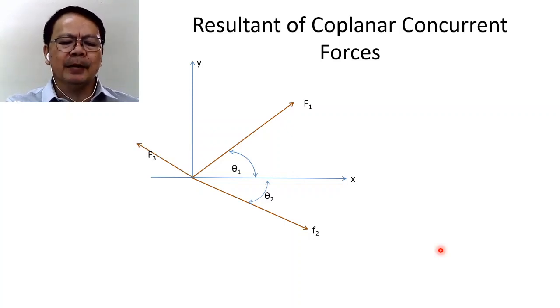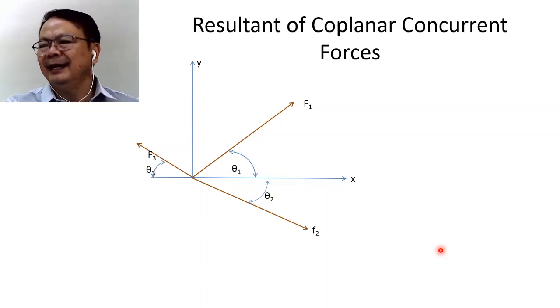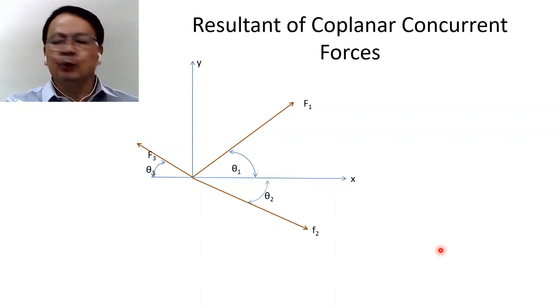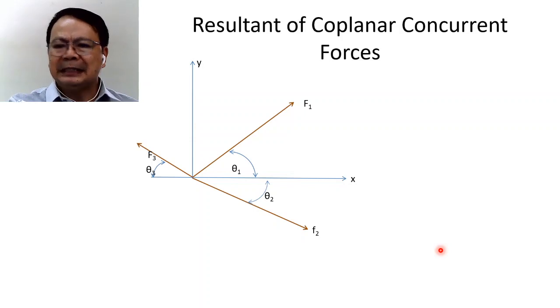Assuming that we have another force here, F sub 3, whose direction is defined by theta sub 3, measured from the negative x-axis, we want to compute for the resultant of these three forces. These three forces are said to be concurrent because they are all meeting at a common point. And how do we compute for this?